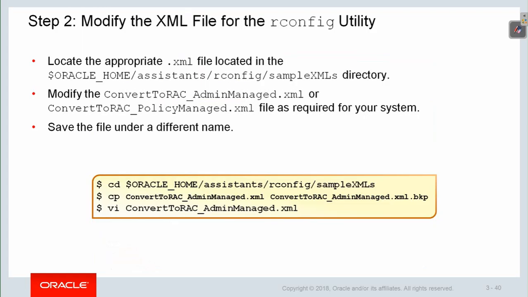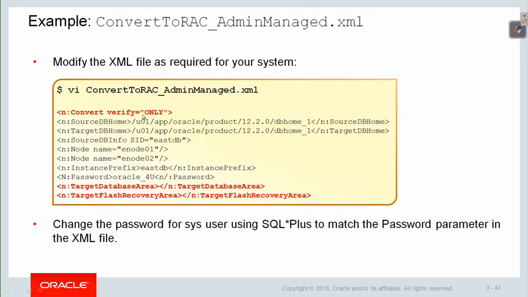And then what I'm going to do is use Oracle Home, assistants, rconfig, sample XML. Here you will see an XML file named ConvertToRAC_AdminManaged or PolicyManaged. So you open up this file, and then you modify ConvertVerifyOnly. I will just check whether I can convert my single instance database to a RAC database or not.